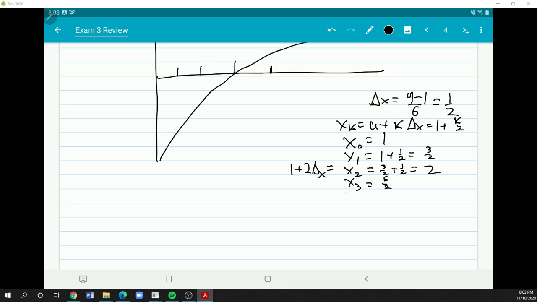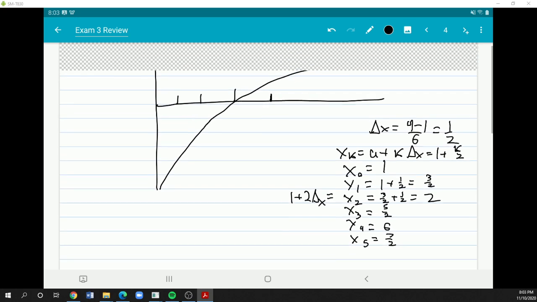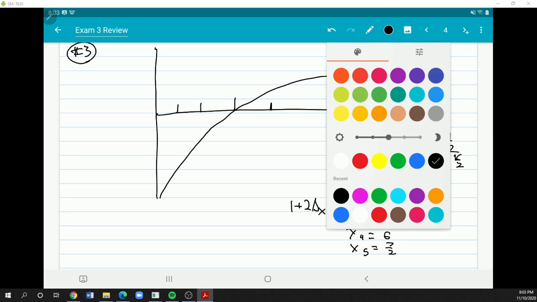So x3 is 5/2, x4 is 3, x5 is 7/2. And now notice that I have 6 numbers, so that's all I need for my rectangles. That just follows from the fact that I don't need the full right endpoint. If I had another half, I would get to 4, but I'm only using left endpoints here.